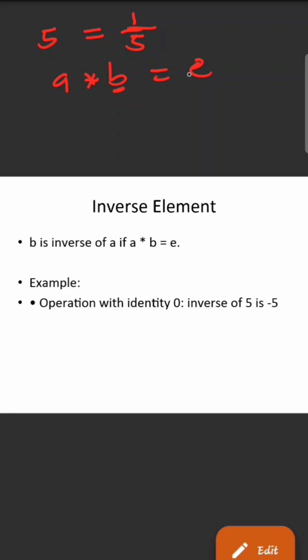Of a number gives you an identity element. So the identity element for addition is 0.